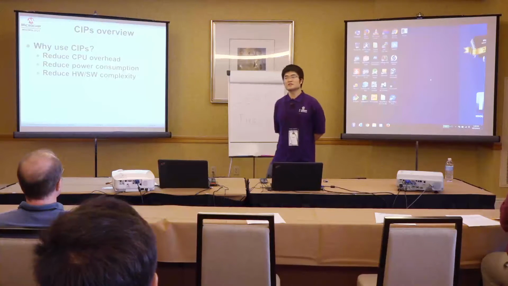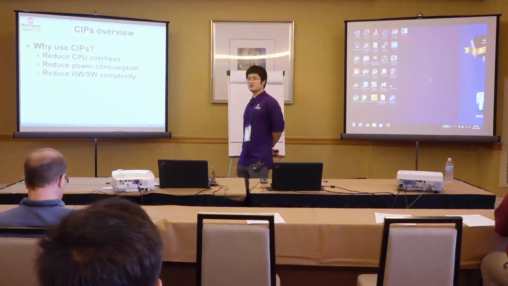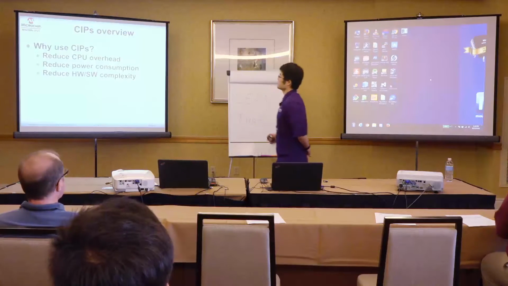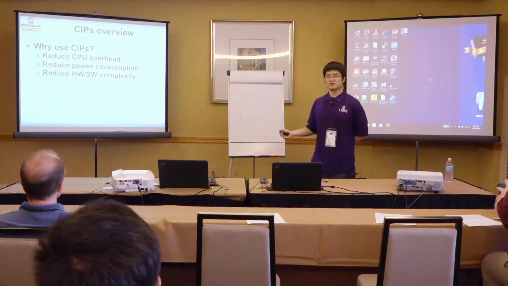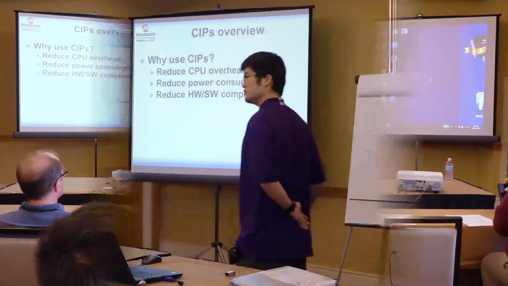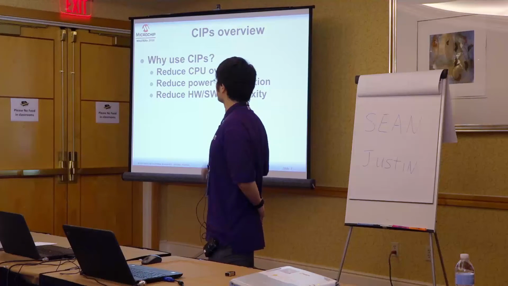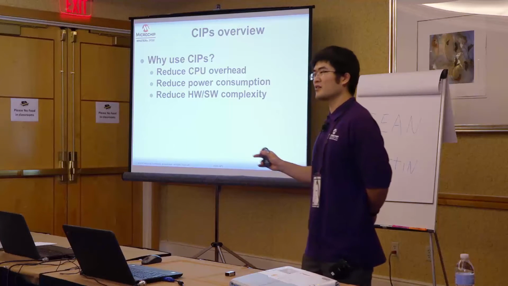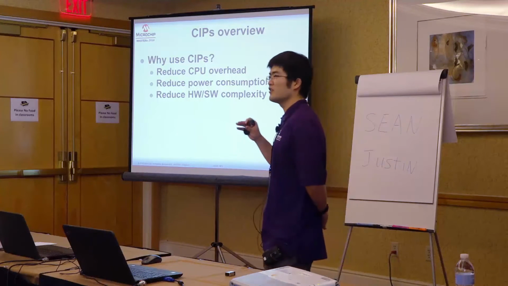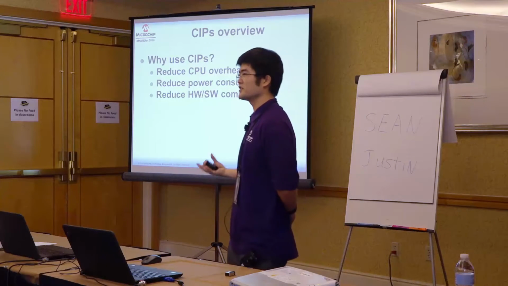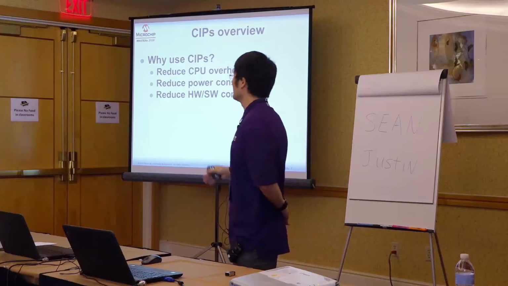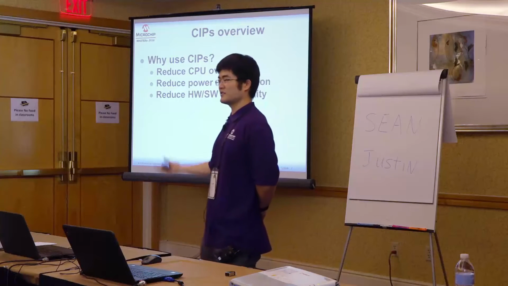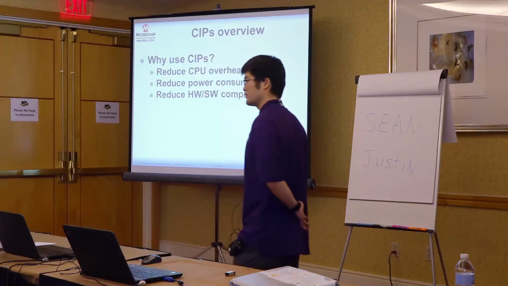So why do we use them? Well, as we mentioned before, it's going to help you reduce your CPU overhead. It will reduce your power consumption if you decide to put your CPU into sleep or idle. And it reduces hardware and software complexity. Why is that? Because most of your design requirements can be offloaded to the hardware-specific components on the die, which intrinsically reduces your cost of buying discrete or external hardware components.